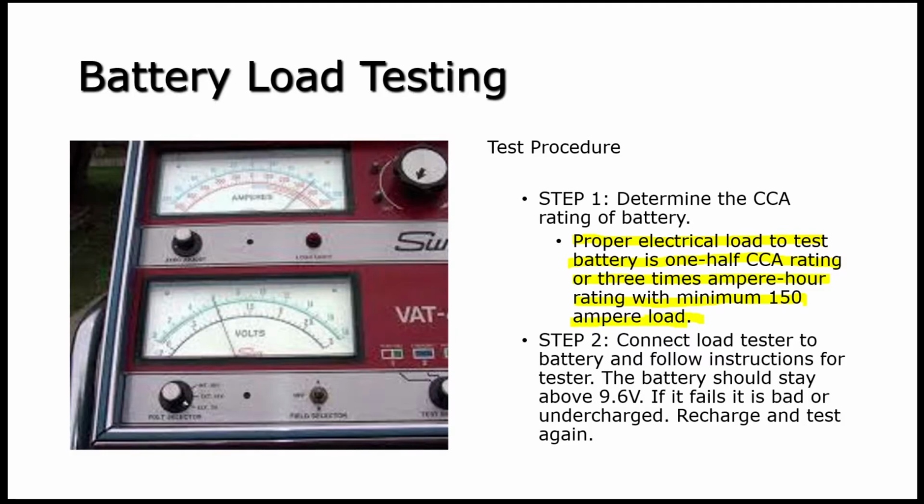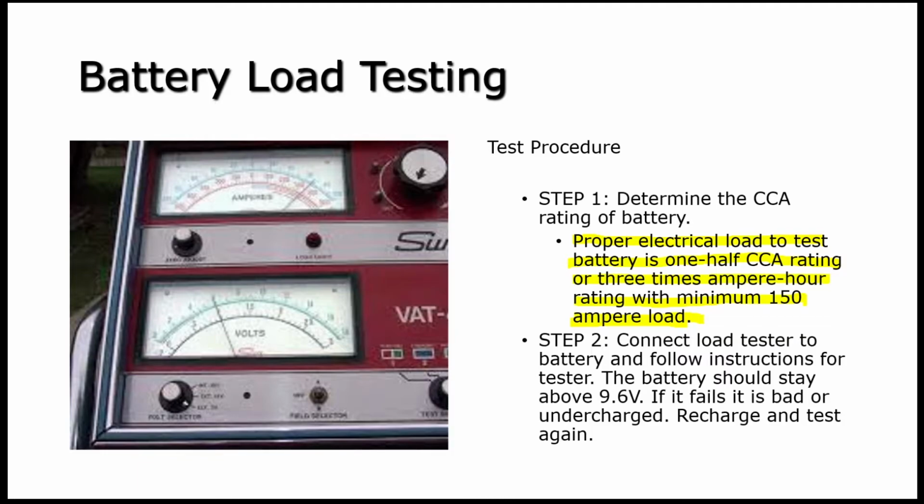So the battery has to be loaded to at least 150 amps. That means if the battery's cold cranking amps is 150 amps, you're actually going to put it to 100% load at that point, okay? But you're never going to find that.